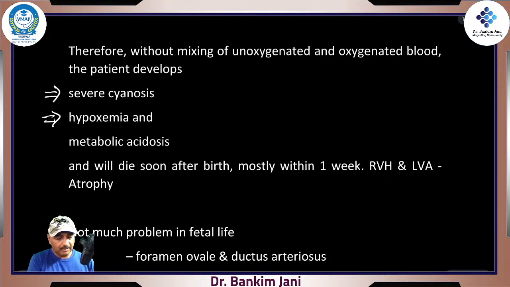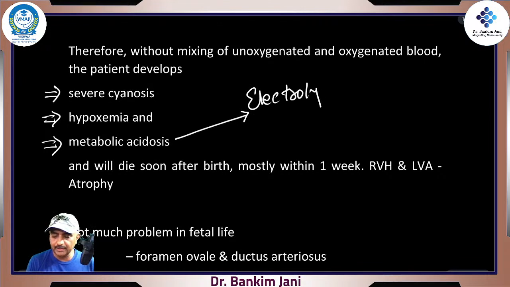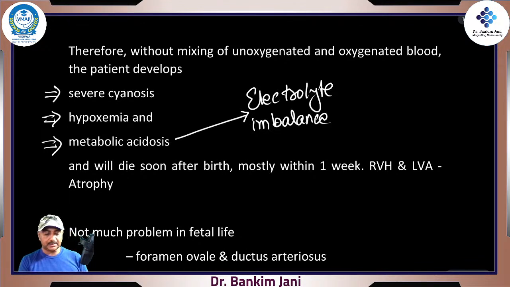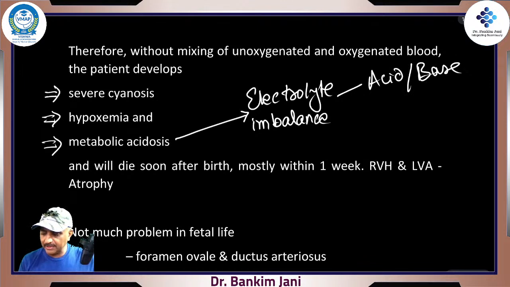Hypoxemia, metabolic acidosis. Metabolic acidosis is when there is severe electrolyte imbalance. This is a huge topic. In physiology, it would be a beautiful topic, and there is so much chemistry that comes into the picture, but it is because of acid-base imbalance in our body.